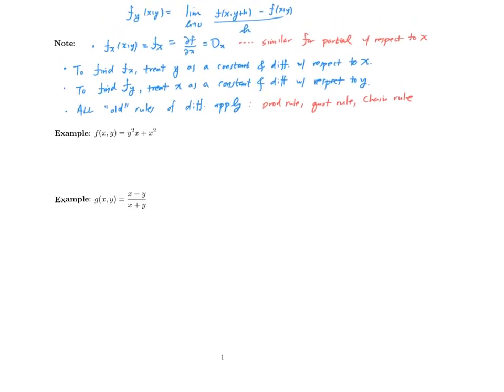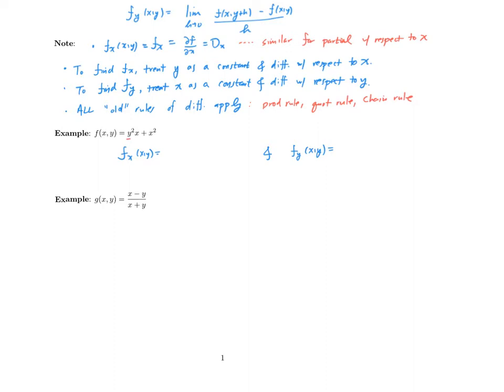So let's make these ideas a bit more concrete. For the function f of x y defined as y squared x plus x squared, let's computationally determine what is the partial with respect to x and what is the partial with respect to y. For the partial with respect to x, remember our approach. Any y, so here it's a y squared, we treat as a constant.